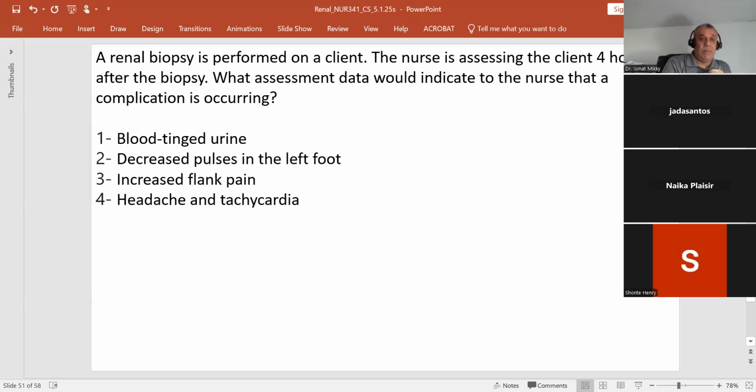Blood-tinged urine is expected and normal from the procedure itself, puncturing the kidney tissue with a needle. And this procedure has nothing to do with pulse, left foot, or headache. So increased flank pain may be an indication of bleeding.